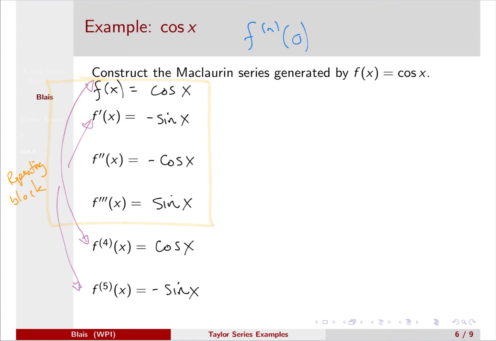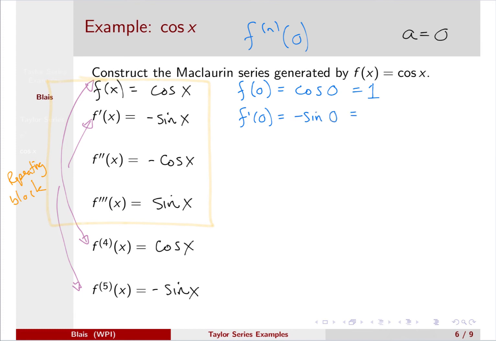So now let's plug in. Remember, we have to evaluate these at a. For a Maclaurin series, we know that a equals 0. So let's check the 0th derivative of f at 0. This is cosine of 0, or 1. The first derivative of f at 0 is minus sine of 0.